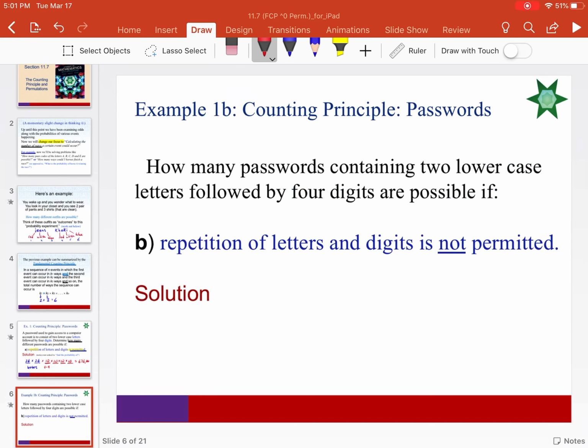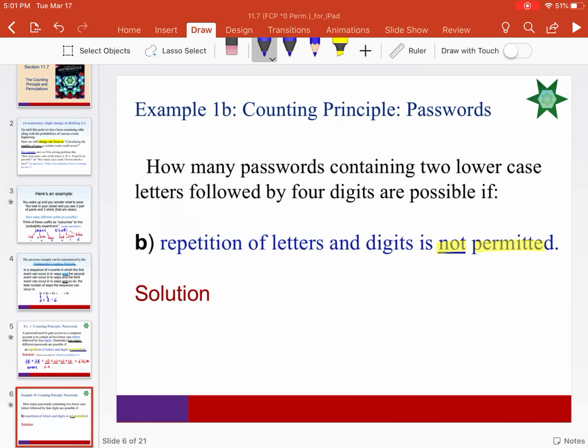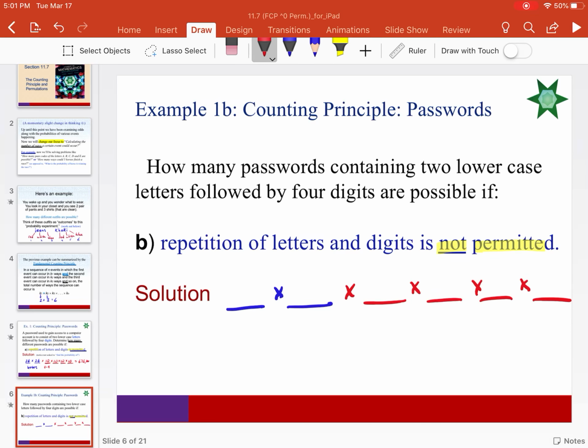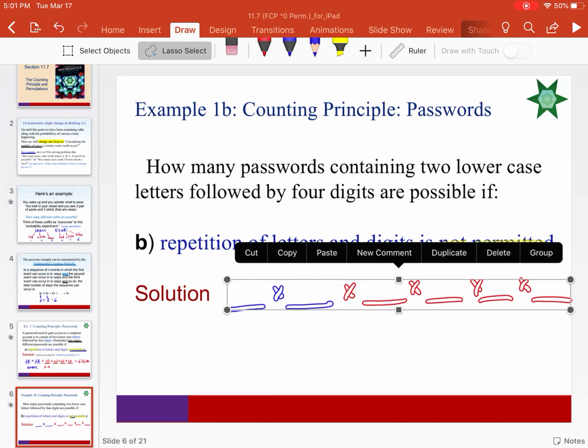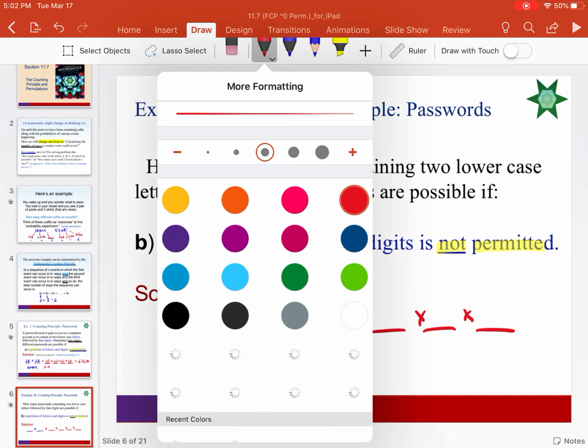Okay? Letter B. In this case, repetition of letters is not permitted. Okay? All right. So let's keep that straight. Same exact scenario though. I'm doing 2 lowercase letters followed by 4 digits.